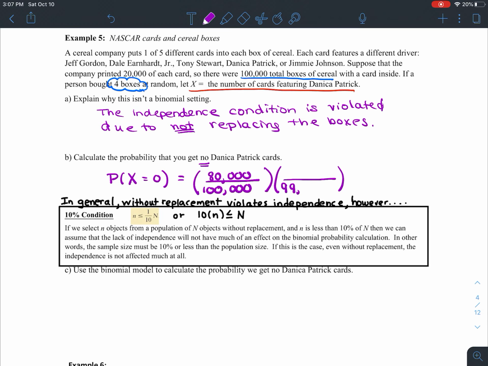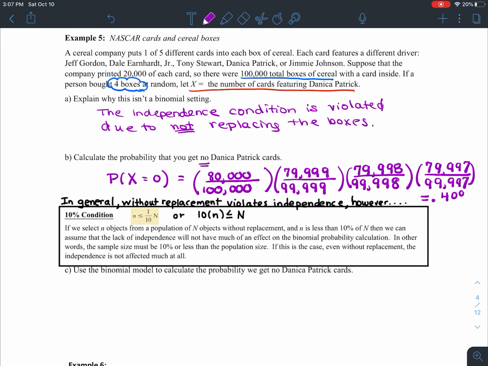Well, now my denominator for the next fraction is going to be 1 less than 100,000 because I have one less box to choose from. And assuming I didn't get a Danica Patrick card on that first box, now there's only 79,999 cards that are not Danica Patrick cards. So you can see the pattern here. I'm going to reduce my denominator by 1, and reduce the number of non-Danica Patrick cards by 1 as well, until I'm showing this fraction 4 times, representing the 4 boxes of cereal that I have purchased.